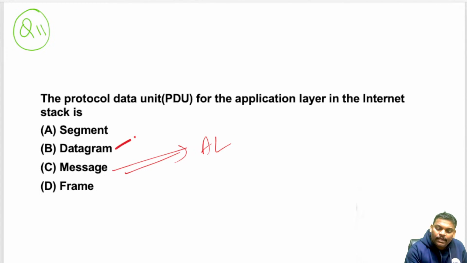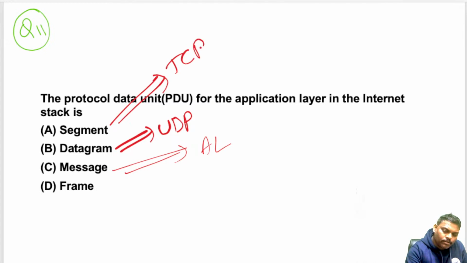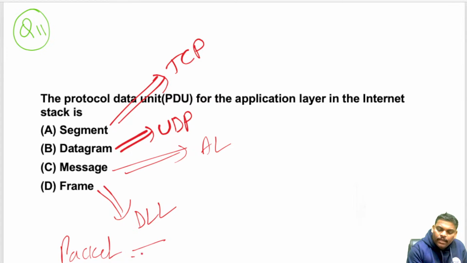Right? So datagram is UDP, segment is TCP, frame is data link layer, packet is network layer, bits is physical layer.